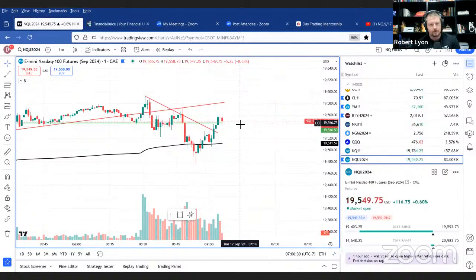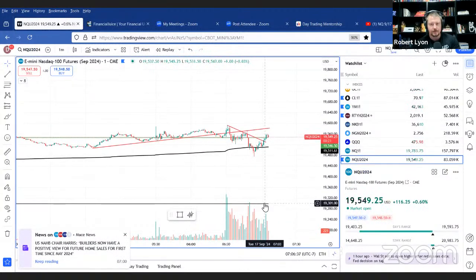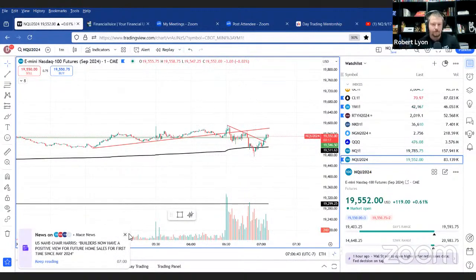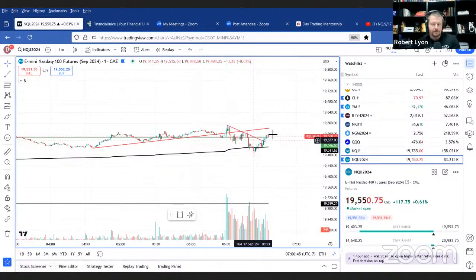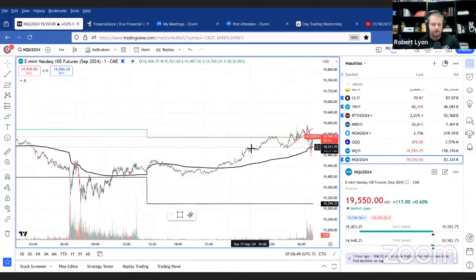Yeah. So now we hit that. I'm trying to think of what this green line is called. The black line was yesterday's low, the green line was yesterday's high, and those are always indicators of points of interest, I would say. Yes, I have those on my chart. Yeah. And we're still stuck at it right now.